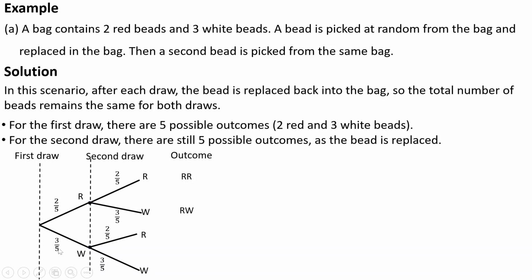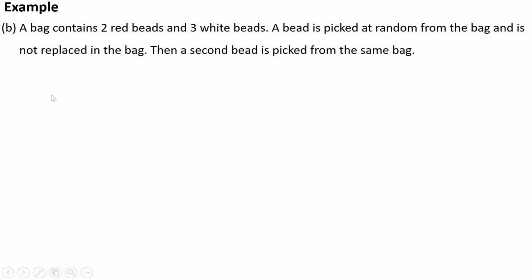Then this route from here to here is white, red. And for this route the outcome is white, white. So this is how we represent this information on the tree diagram.